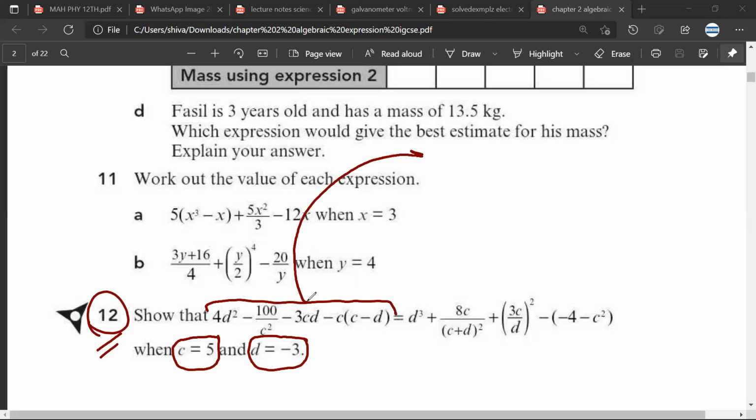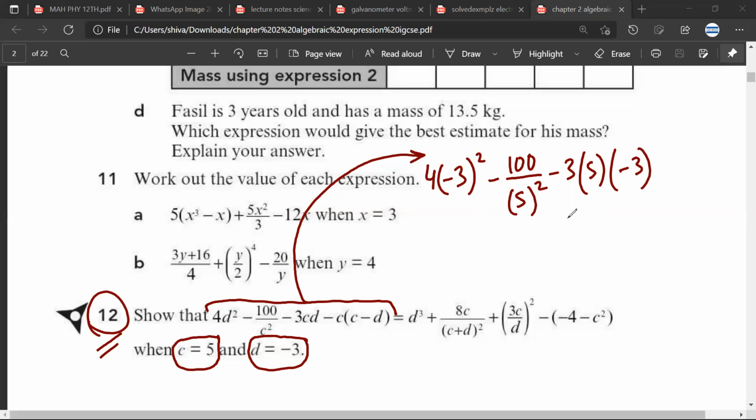So we'll get 4 into (4 plus (minus 3) square) minus 100 divided by (minus 3) square minus 3 into 5 into minus 3.